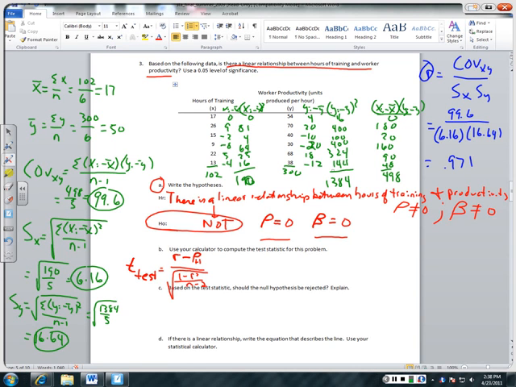So our correlation was 0.971. We're just going to subtract the 0, which was in H0. That's divided by the square root of 1 minus 0.971 squared, with a parenthesis all the way around that, and then n minus 2, which is 4.